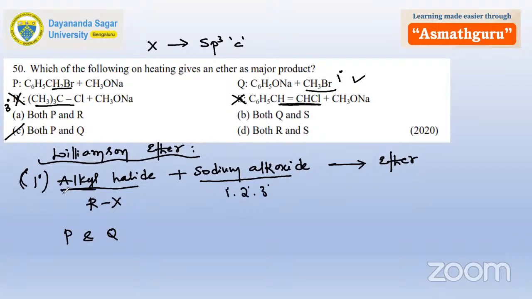Worry about RX, which should be primary. This alkyl halide is vinylic, attached to a double bond, an sp2 carbon atom, not easy to replace. Got it? Yes, sir. Okay, next one.